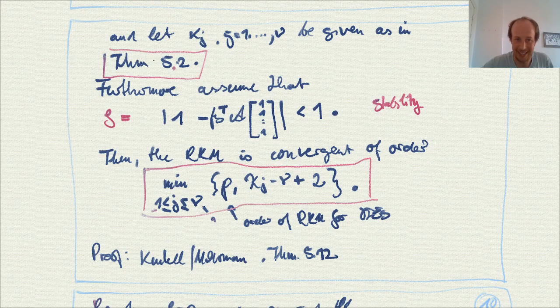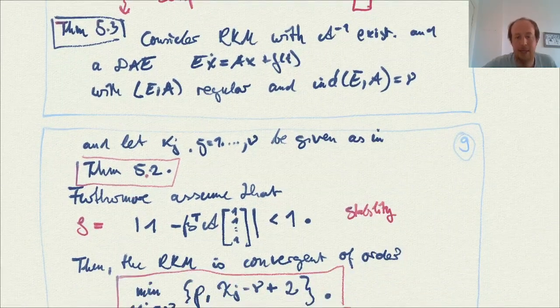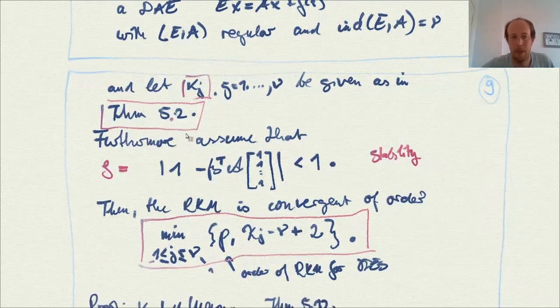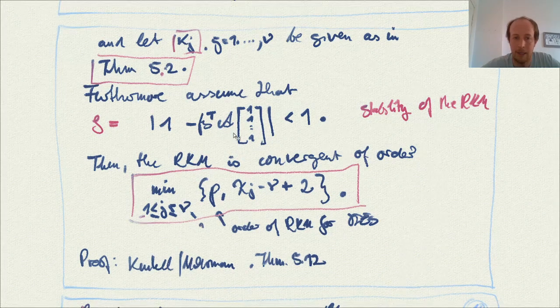Yeah. So we were in theorem 5.3, and we need these kappa j, the quantities as they were defined in theorem 5.2. And if we have them, then we need to assume this stability condition, which is a condition of the RKM only. So there are RKMs that have this condition, and there are others that don't have it.